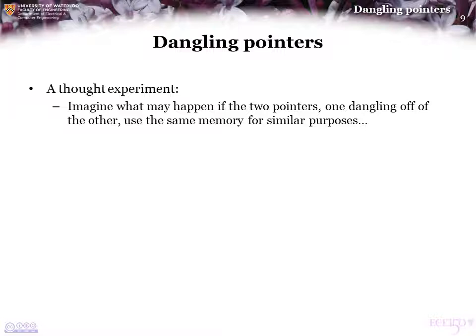But you have no clue why it's jumping to 7. Nowhere did you ever reassign what was at that address to 7. It was supposed to be 5. And then you're looking through your code, trying to figure out where you accidentally assigned that a value of 7.